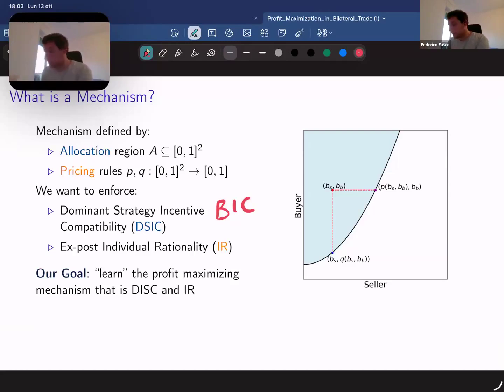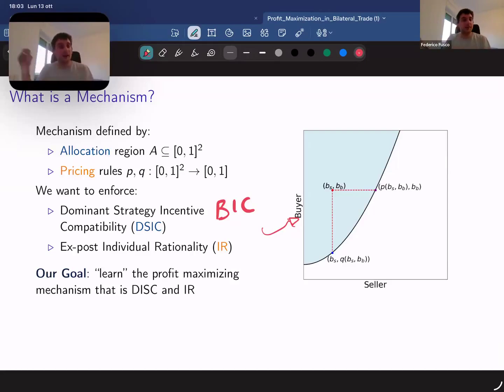So in particular, you may have BIC mechanisms that do not respect this structure. In particular, there is a mechanism that gives you constant gain from trade. It is fairly simple: you flip a coin, then with probability p, you ask the seller what is the price that you want to post to the buyer, and you post that price.